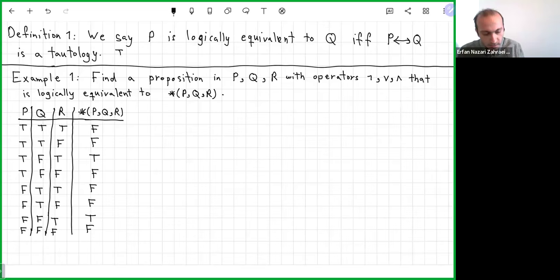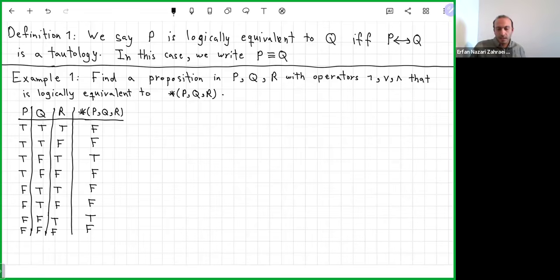In this case, when P is logically equivalent to Q, we write P is equivalent to Q.